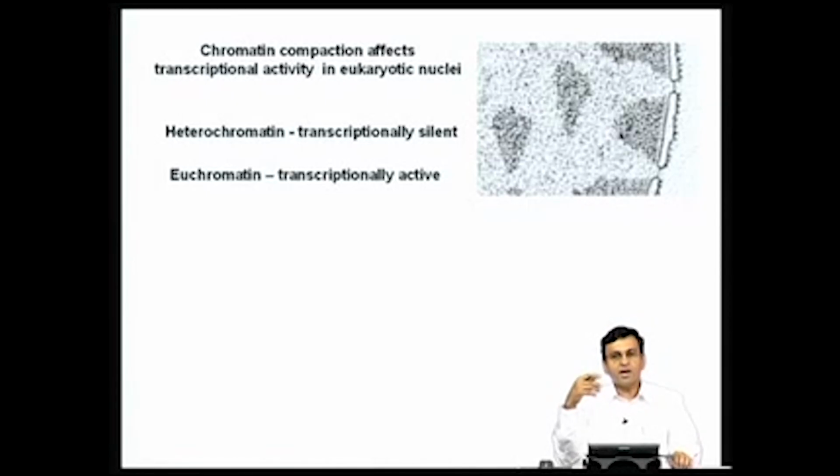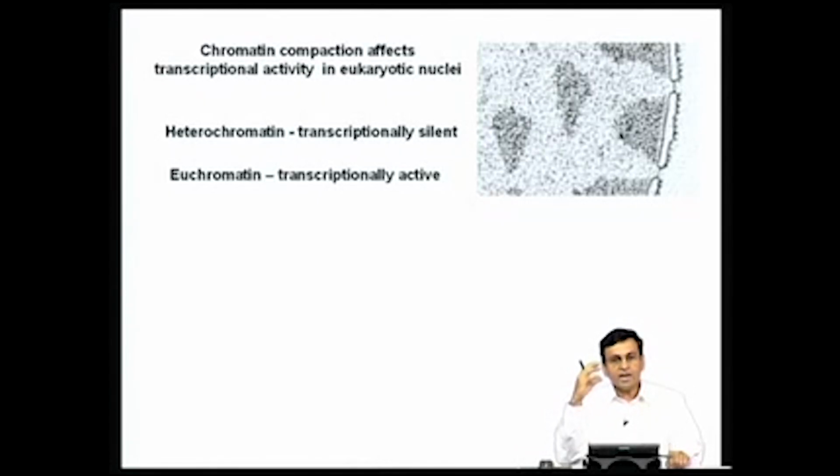Circumstantial evidence clearly indicated that chromatin may have a very important role in gene regulation. One such piece of circumstantial evidence comes from cytologists and cytogeneticists, who were observing the organization of chromosomes or chromatin using a number of staining techniques.